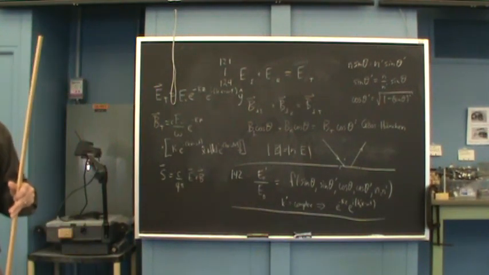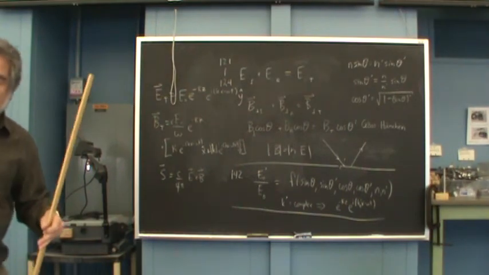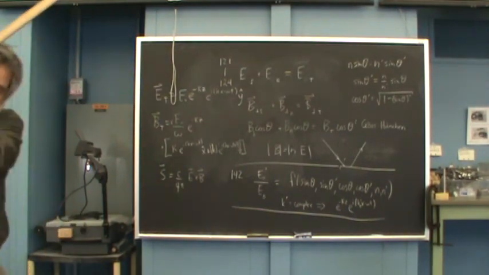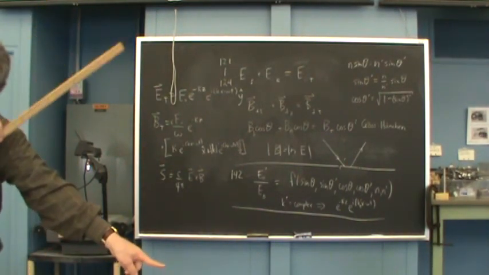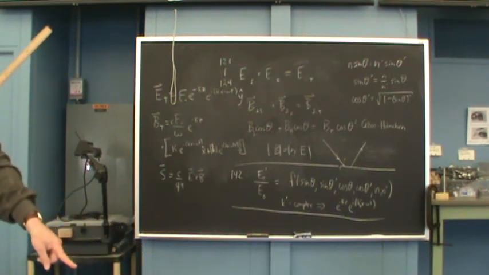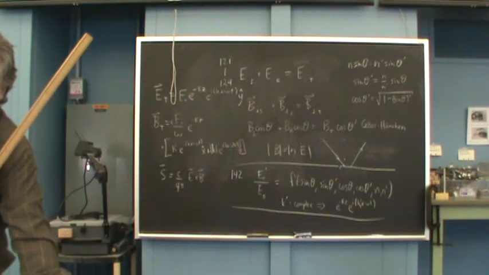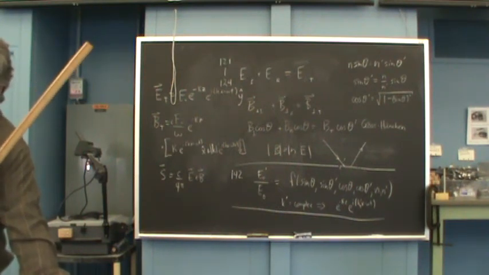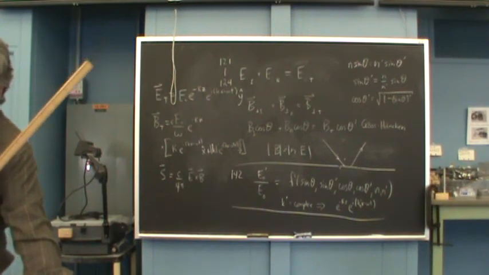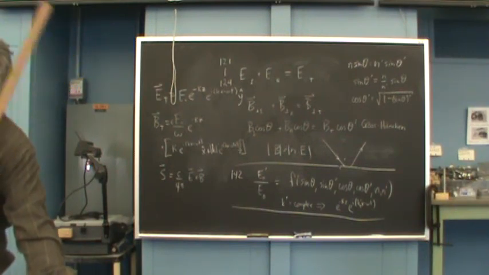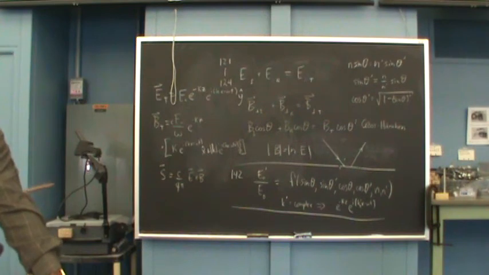And for the electric field oscillating this way, the wave is going that way, and the field is oscillating this way. This is the electric field in the plane of incidence. When the electric field oscillates that way, it's perpendicular to the plane of incidence.